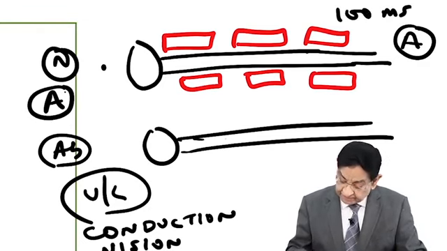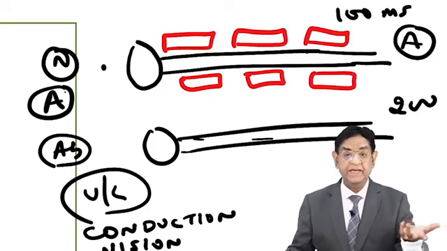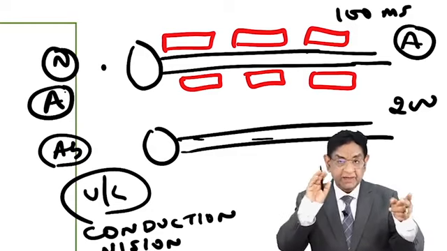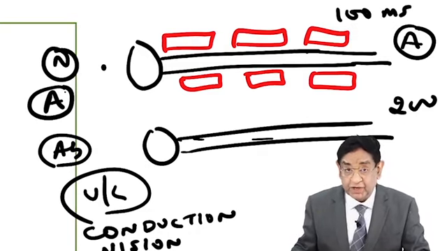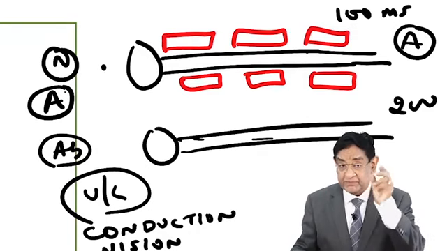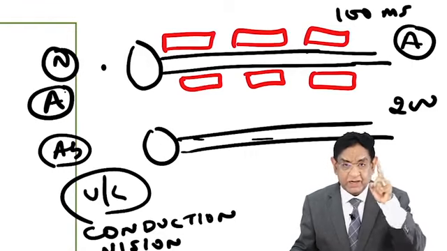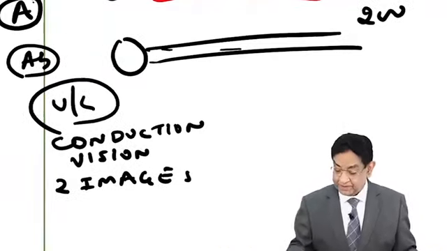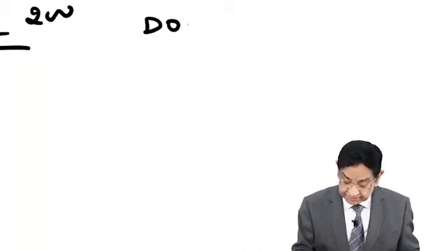But the A from the affected eye will come after 200 milliseconds. It will come late. Why? Velocity is slow. The patient will be getting two images of one single word. That disturbs the vision also. But in addition to that, golden line to remember: the patient has a vision problem, but what they say is, doctor, cannot see.